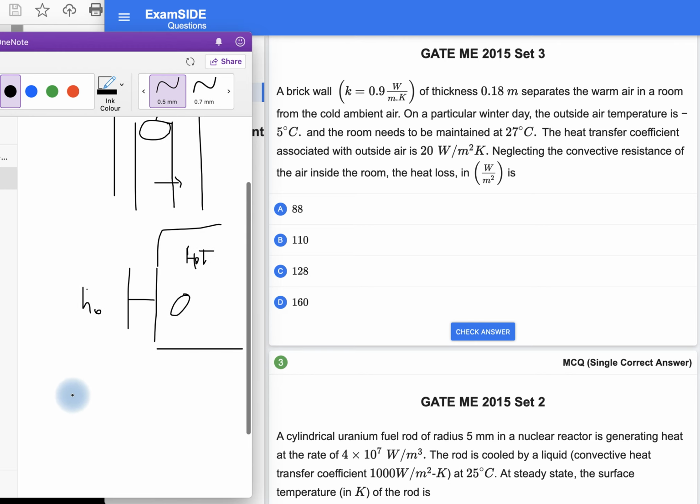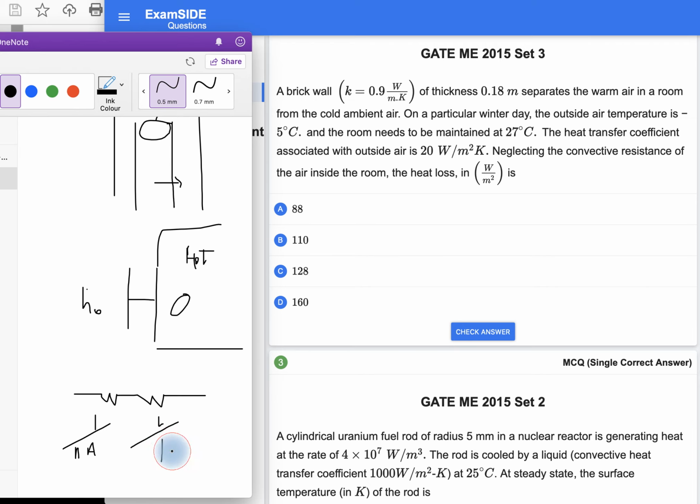So the thermal resistances will be in series, that is 1 upon Ha, and 1 upon L upon Ka.